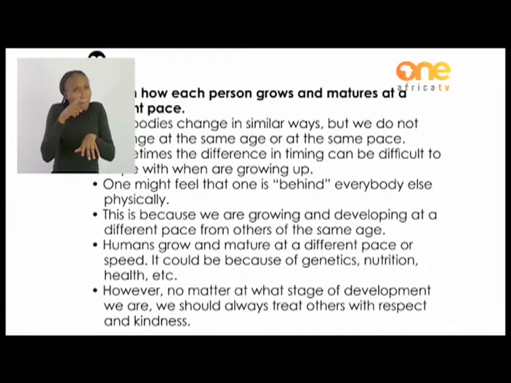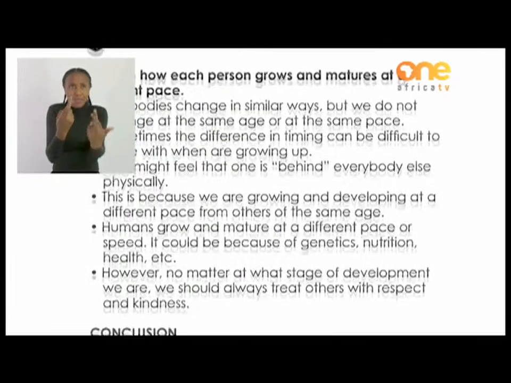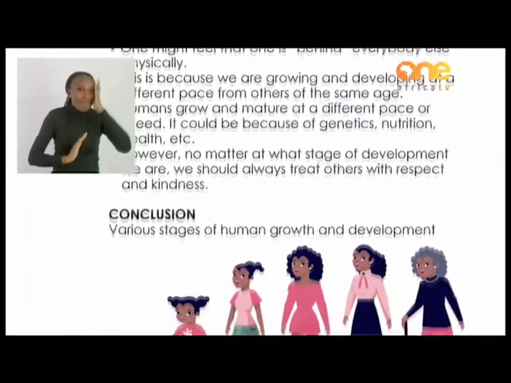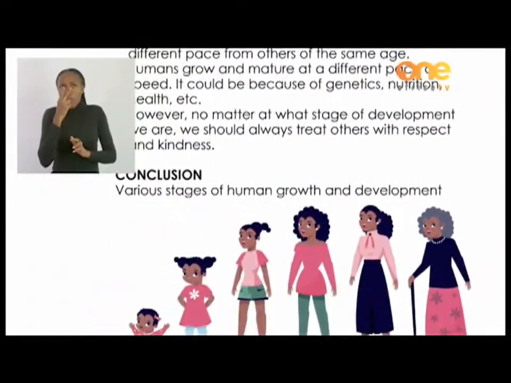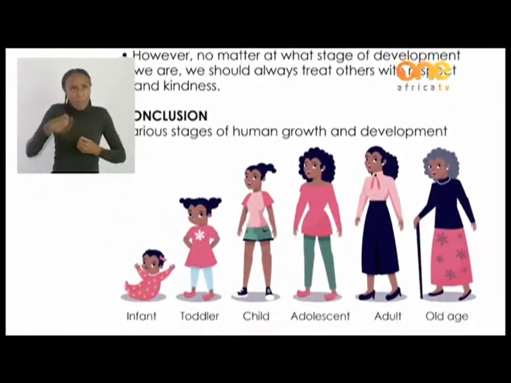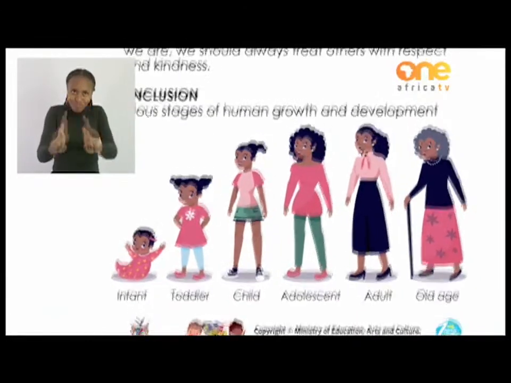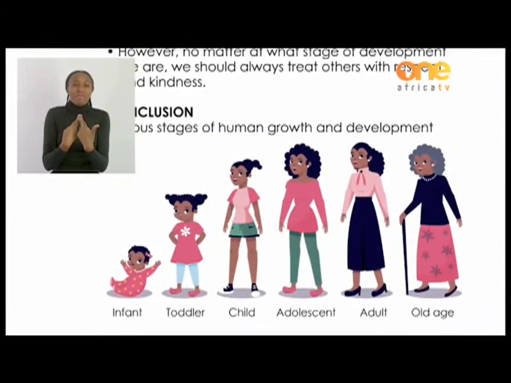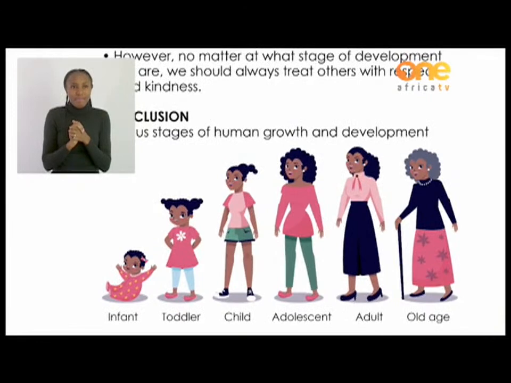However, no matter at what stage of development we are, we should always treat others with respect and kindness, irrespective of how fast or how slow somebody grows. You have to treat that person as much as you want to be treated.